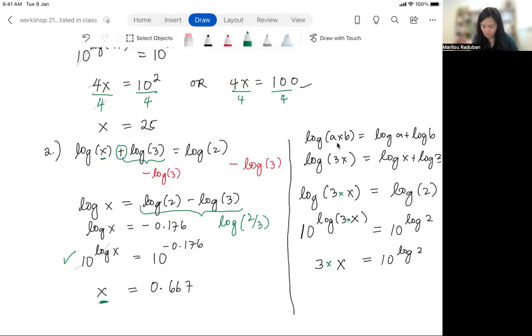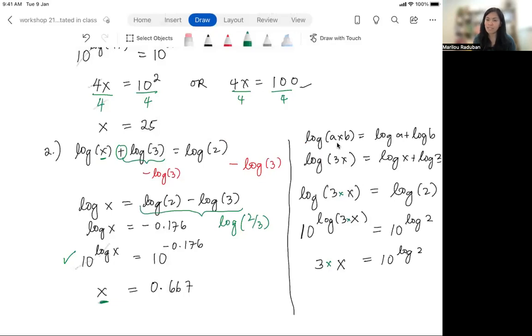Yes, x will be equal to 2 divided by 3, and that is 0.667. So you will still get the same answer with your method, Oksana, of simplifying log 2 minus log 3 as log 2/3. And x will be equal to 2/3, which is also 0.667. So there are multiple ways of answering this, depending on what you're comfortable with.